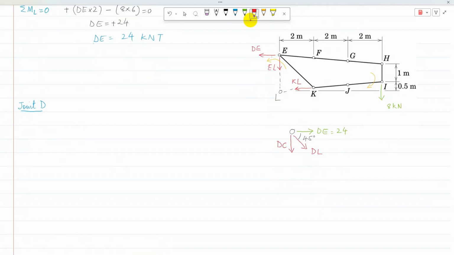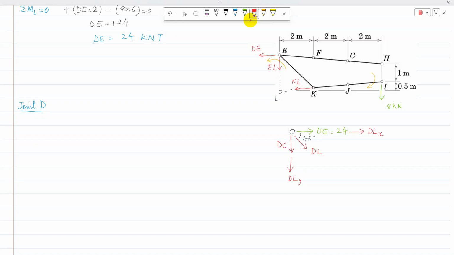DL has one component, DLx, towards the right, and one component, DLy, towards the negative y-axis.